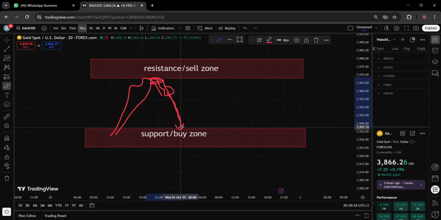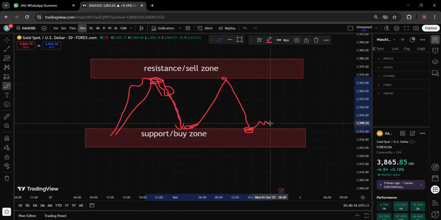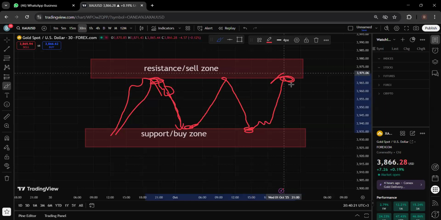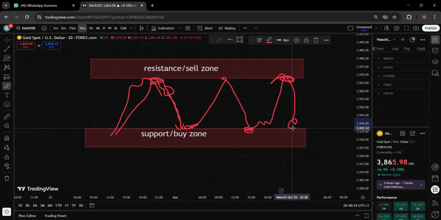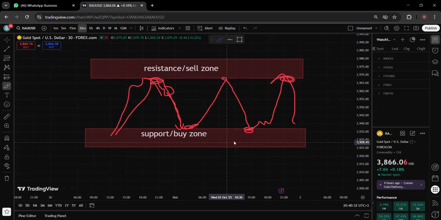Then when it comes and starts to tap my support, it's a nice opportunity for you to buy, targeting the resistance. When it gets to resistance and we get signs of rejection, it's time to sell, targeting the support. When it's within the support and we get signs of rejection, bullish candles, it's time to buy, targeting the resistance. Buy here, sell here. Buy here, sell here. That's how the chain works.